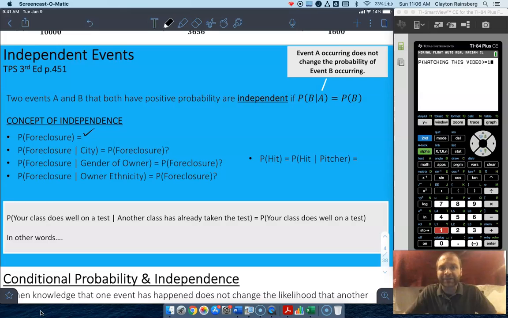So really, what we're saying is, did somebody in the previous class give you information? These two events aren't independent of each other. You doing well on the test is not going to be independent of another class already taking the test, because they probably told you some information about that test when you're walking down the hallway thinking that we don't hear you. But that's independent events in a very beginner understanding.